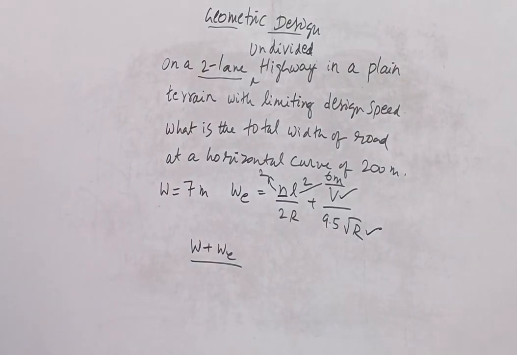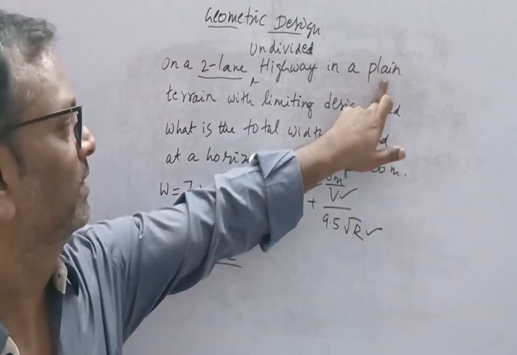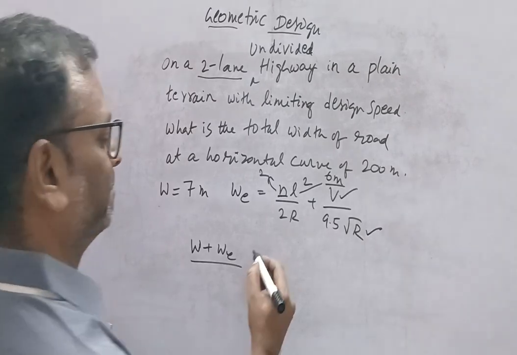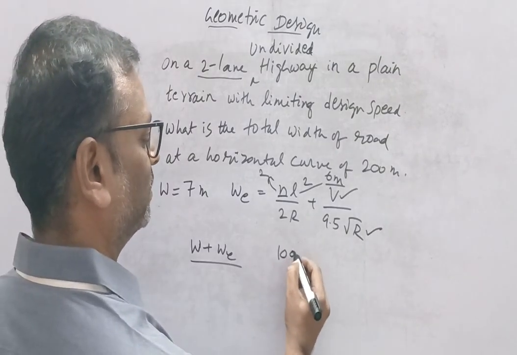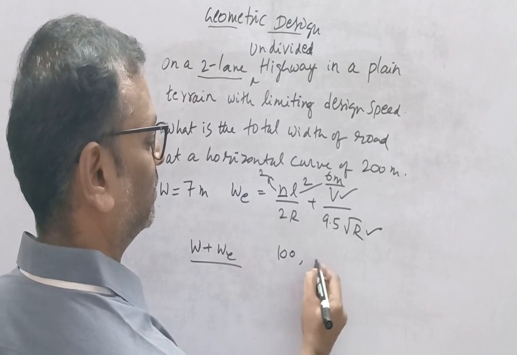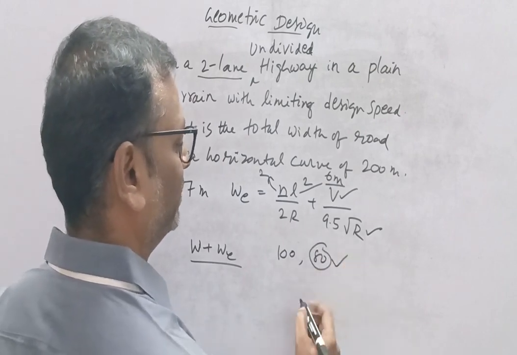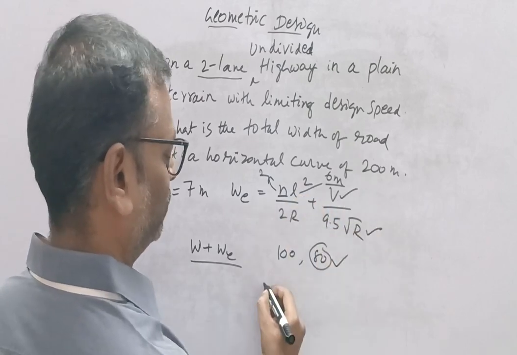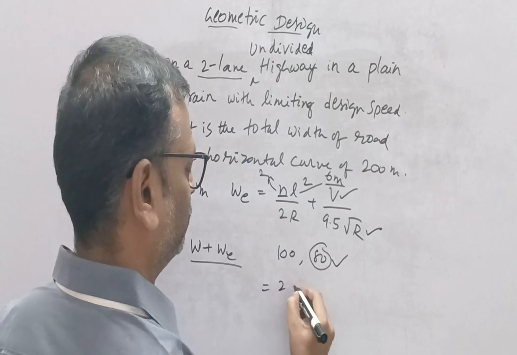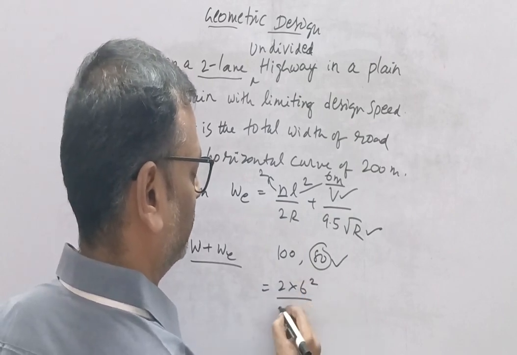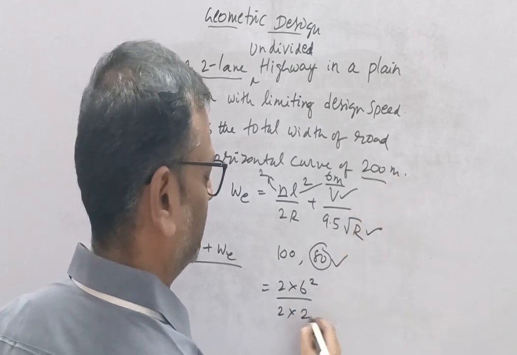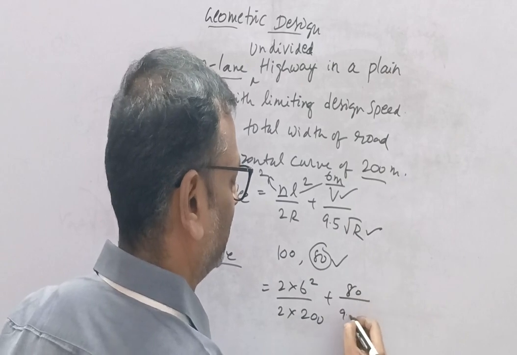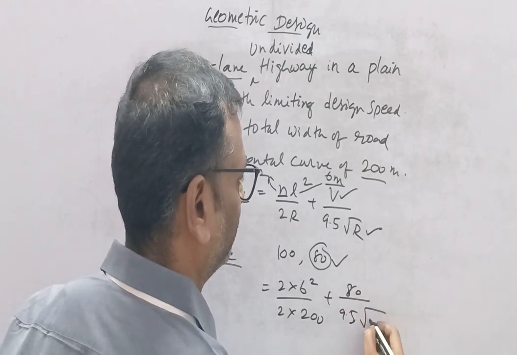Got it? Plain terrain, limiting speed. What is the limiting speed? 100 is the rolling speed, 80 is the limiting speed. Adopt 80 here. So extra widening is 2 into 6 square by 2 into 200 plus 80 divided by 9.5 square root of 200.